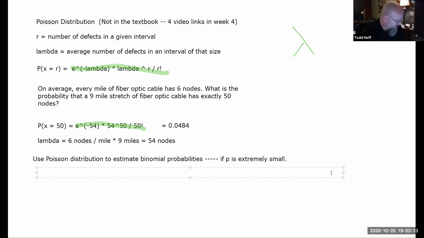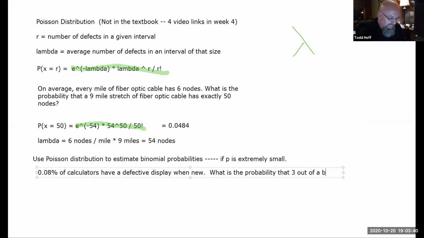So let's say we know that 0.08% of calculators have a defective display when new. What is the probability that 3 out of a batch of 5,000 have defective displays?